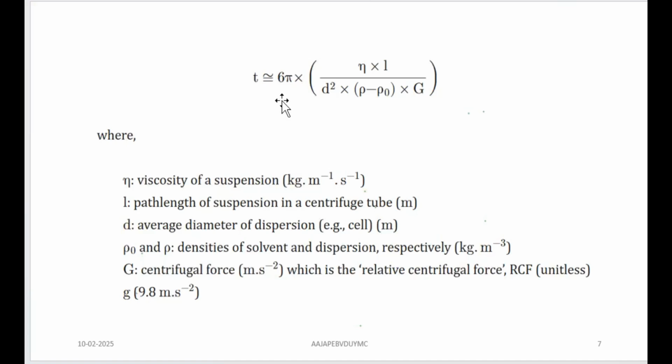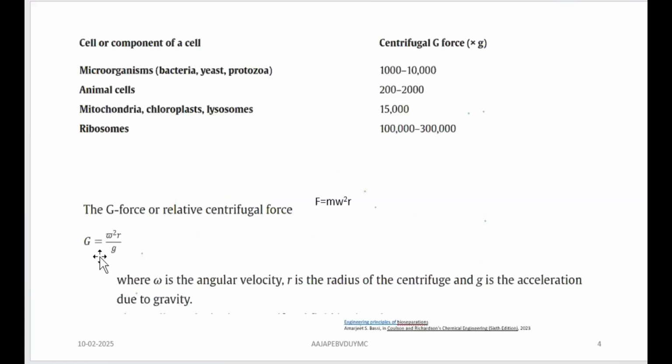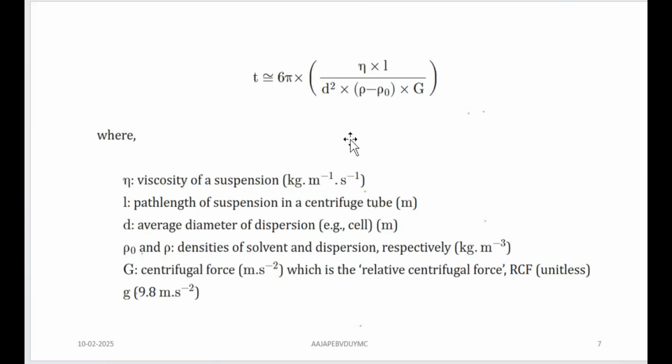So the equation gets rearranged in this manner when you are calculating the time required. So G is equal to omega square R upon small g. That formula you remember we had seen in this particular slide. Now this G you are substituting in this equation over here. Rho minus rho 0. Now here again rho s and rho, these are the two things which are not changed, only the way the symbols used are changed.